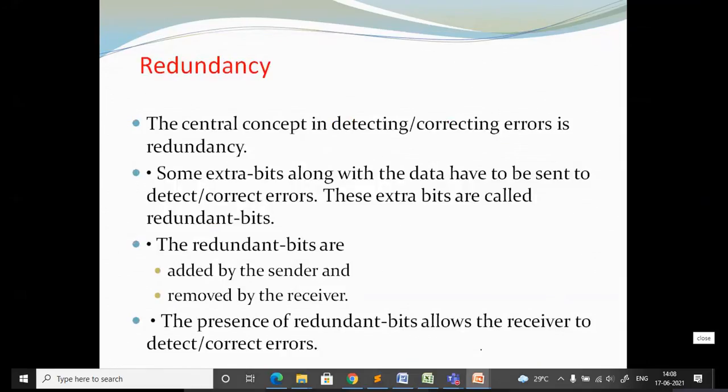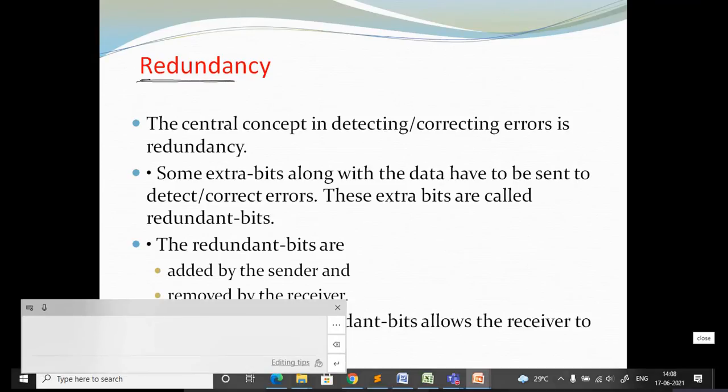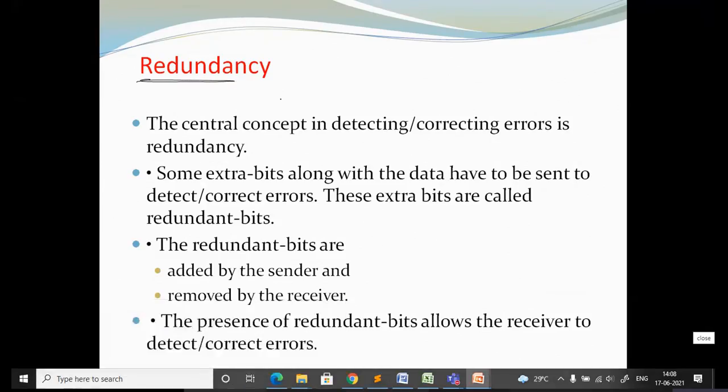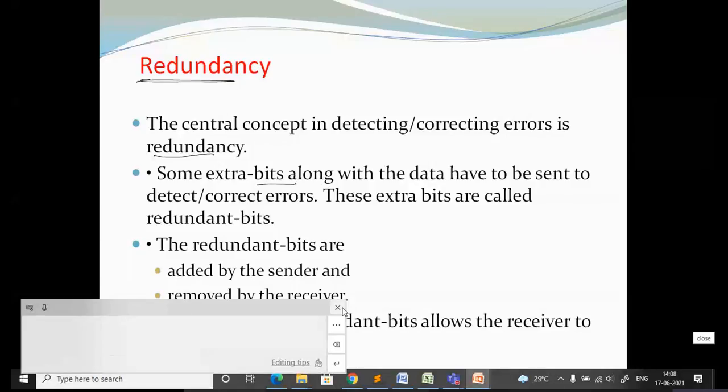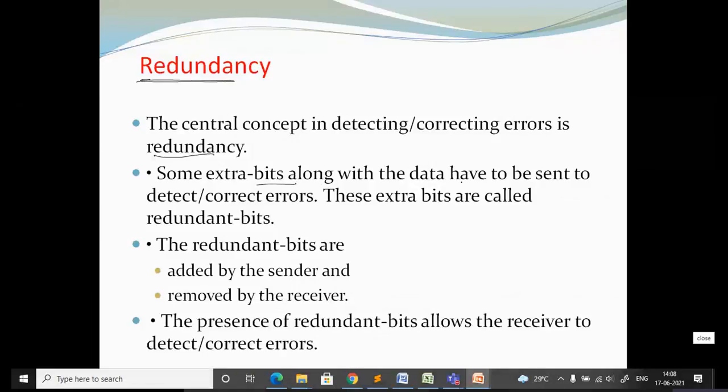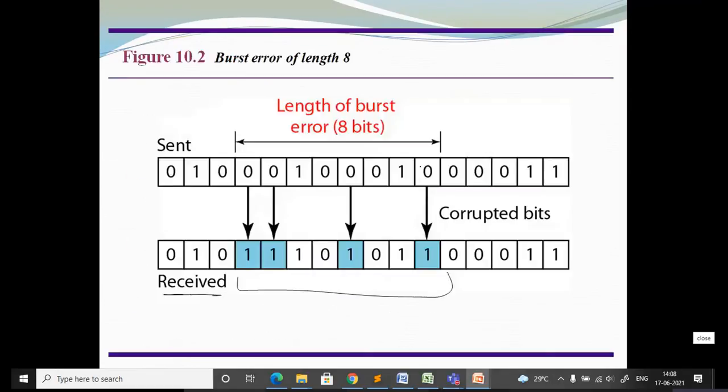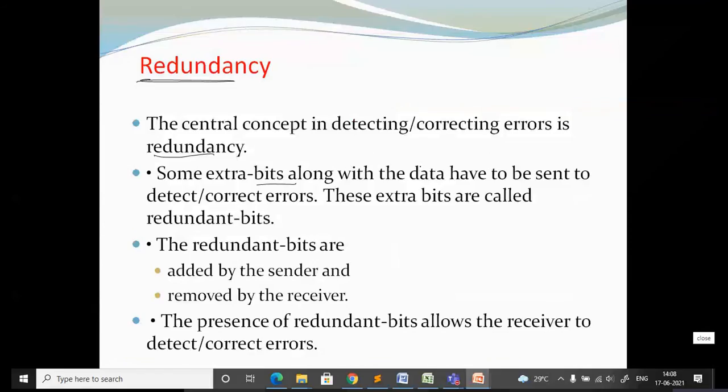Okay, next we'll move on to redundancy. I already use this term most of the time, and here it is very important. This technique is very important for error detection and correction. The central concept of detecting and correcting errors is using redundancy. Redundancy means adding some extra bits along with the data.